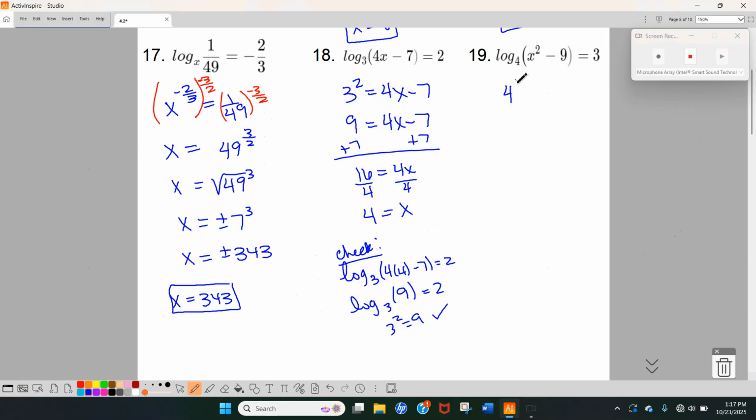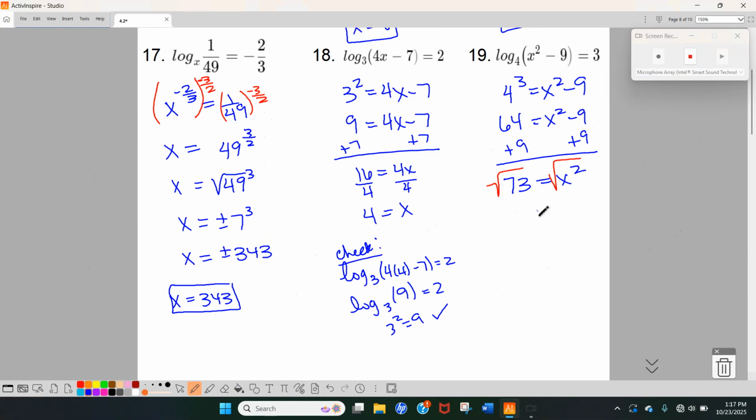All right, so 19, writing this in exponential form, it'd be 4 to the third is equal to x squared minus 9. 4 to the third is 64. Add 9 to both sides. So that's going to become 73. Take the square root to both sides to get rid of the square.